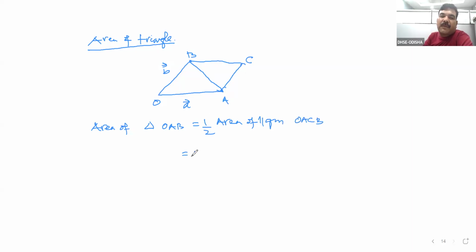This is equal to half of A cross B mod. So area of triangle OAB is half of A cross B mod. Right?